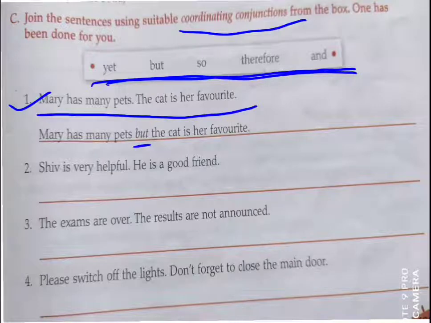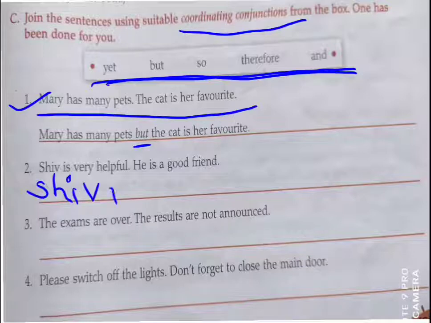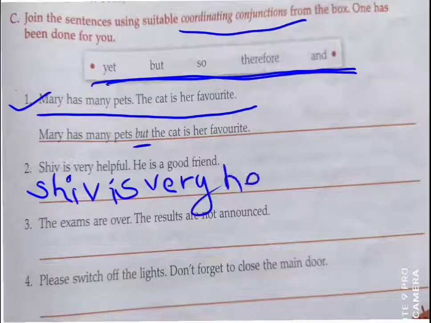She is very helpful, so he is a good friend. So students, these three are correct. Now remember one thing, while writing in one sentence, how to write? She is very helpful.